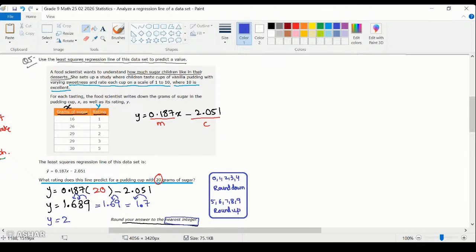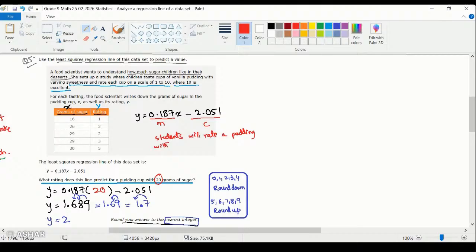Okay. So what we can say, the prediction for this statement would be: students will rate a pudding with 20 grams of sugar a rating of 2.